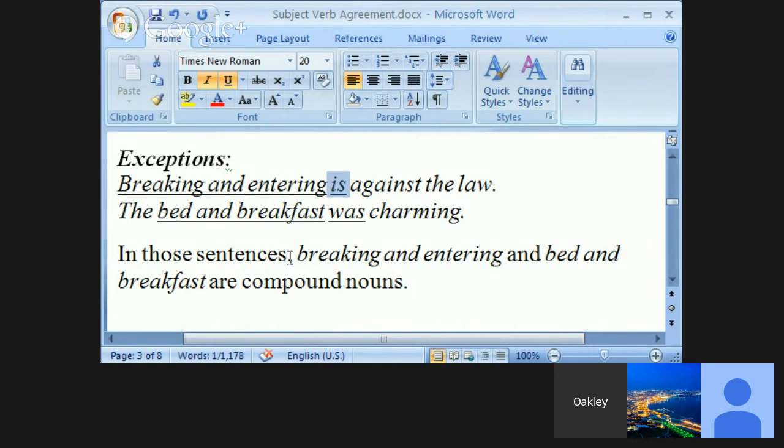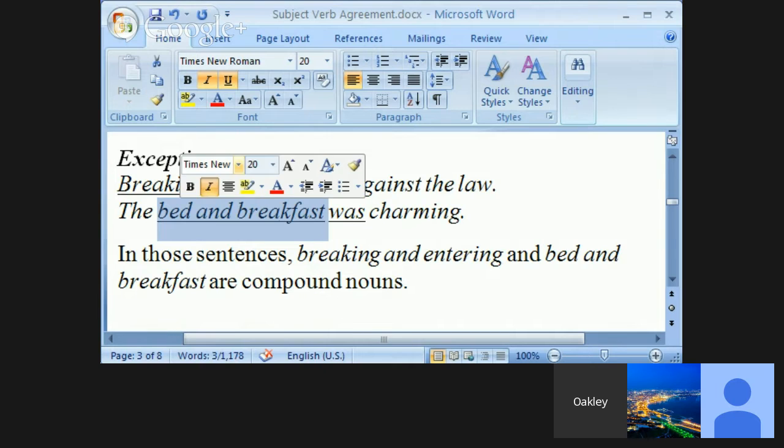I'm thinking about it, but breaking, it's a kind of crime. It's like breaking into. Very good. You're on the right track. It's related to the crime, I think. No, it is a crime. You just said that. Okay. Breaking and entering. Because of that, it's singular.